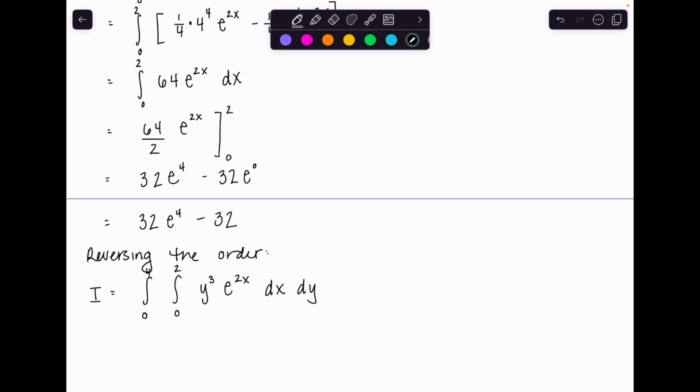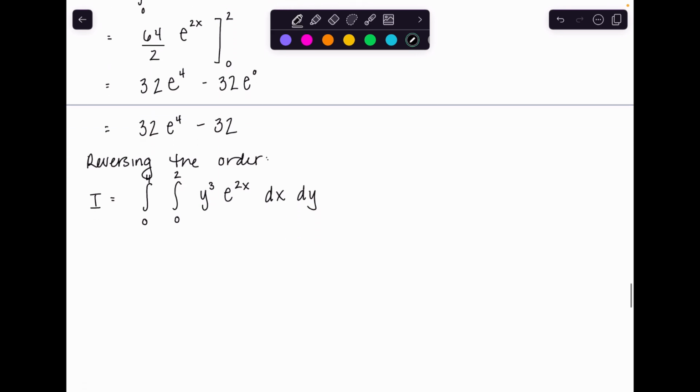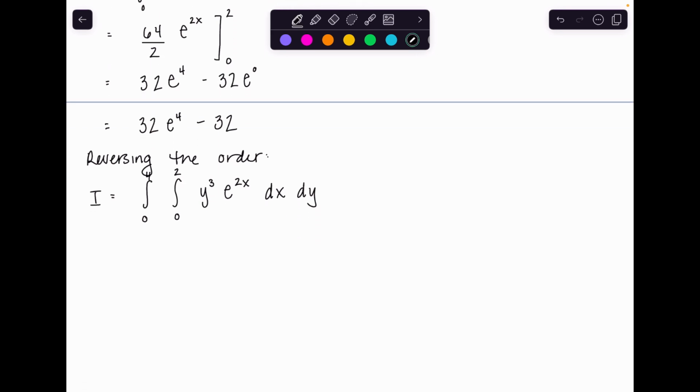So you're going to see this way is actually quite annoying in comparison to the first one. That didn't take us too long, but here we're going to have a little bit more work to do. So I'm going to keep my 0 to 4. And what I'm going to do in here is integrate this expression with respect to x. So the y cubed just stays attached.